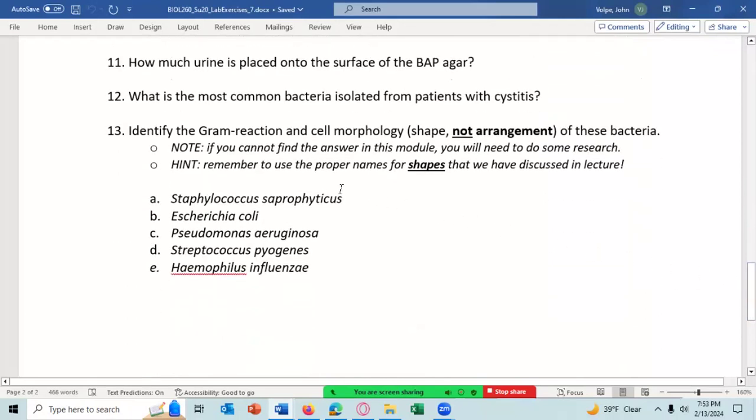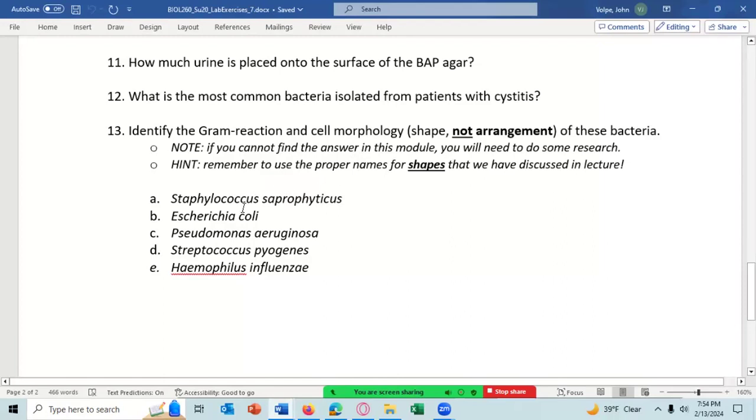13, identify the Gram reaction, that's the Gram stain, and the cell morphology, that is the shape of the bacteria, not the growth arrangement. So 13A, list the Gram stain of Staphylococcus saprophyticus and the shape. And that should be mentioned in the lab module.